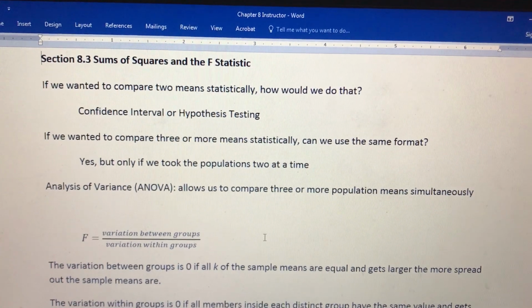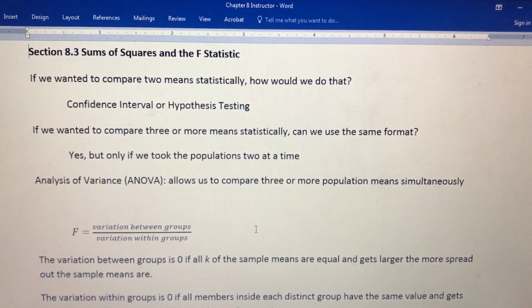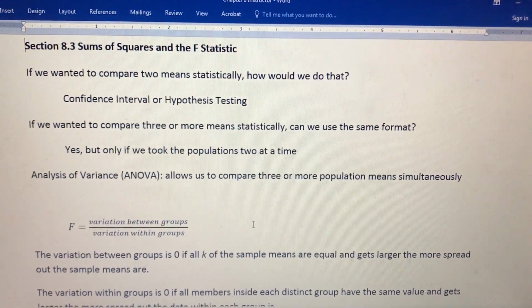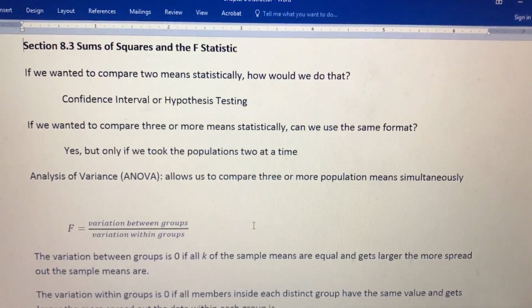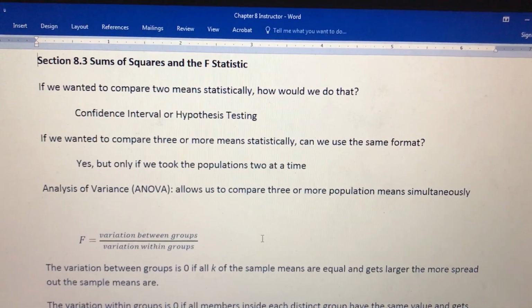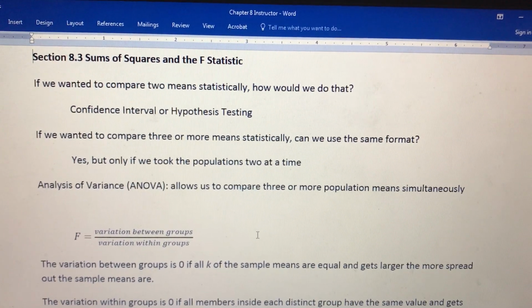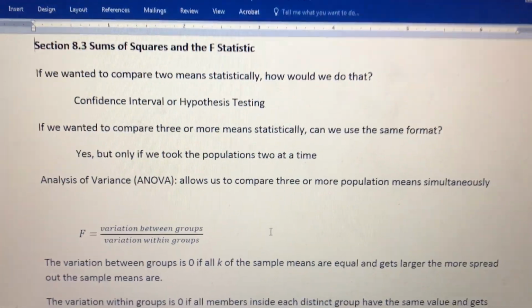There's got to be a better way, and there is, and that way is called an ANOVA, which is a short term for analysis of variance. And what an ANOVA does is it allows us to compare three or more population means simultaneously. So it'll run one test, and it'll check if there are indeed differences between our population means.